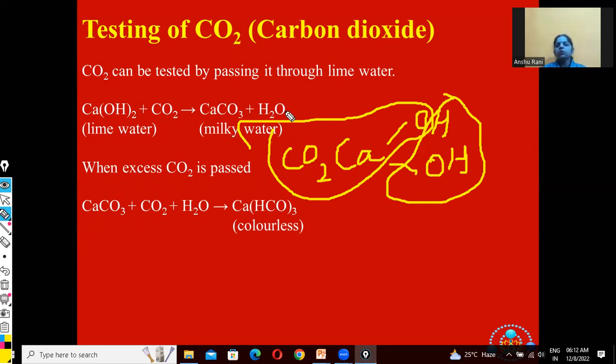Calcium carbonate plus water. It will turn your lime water milky. Milkiness is confirmation of carbon dioxide gas.